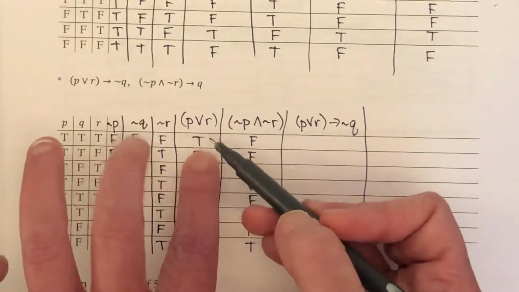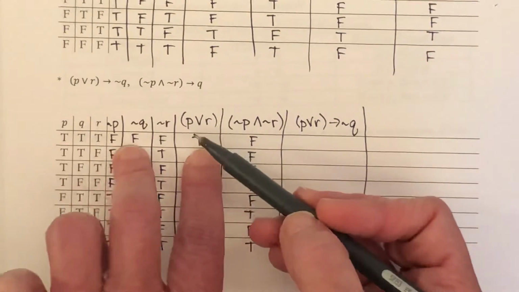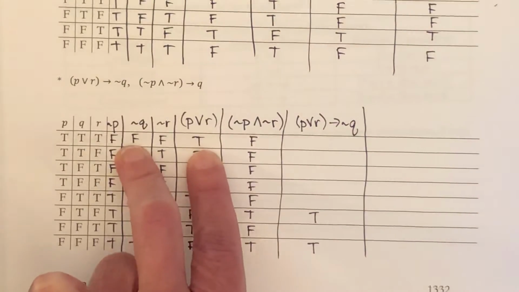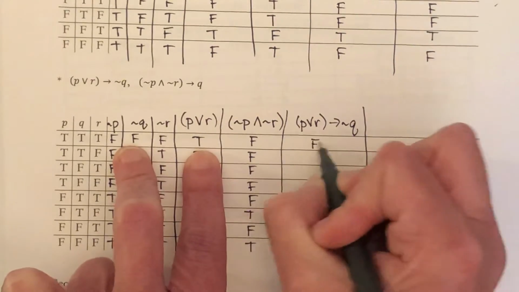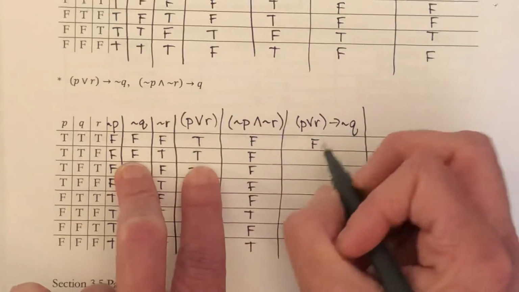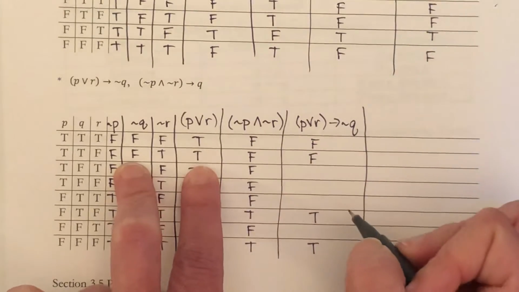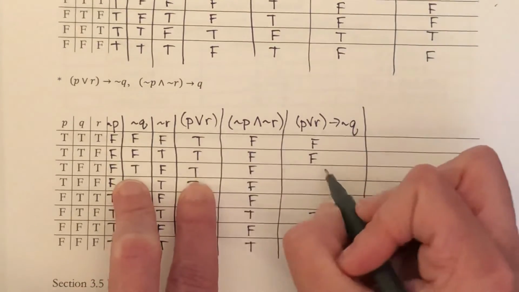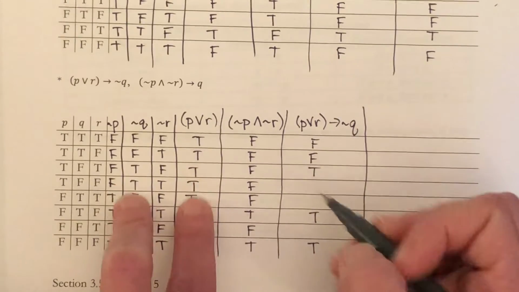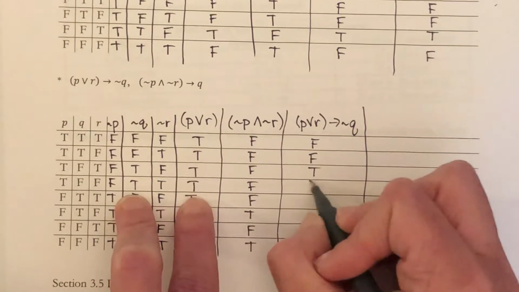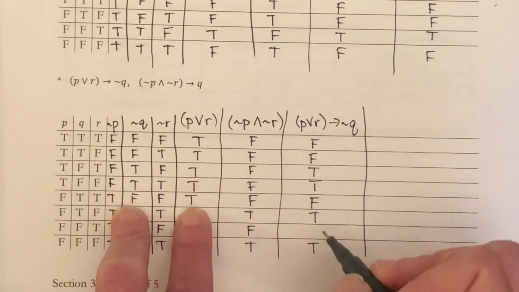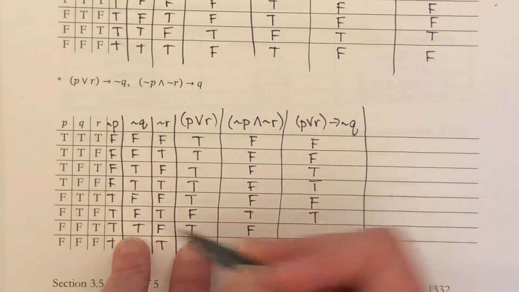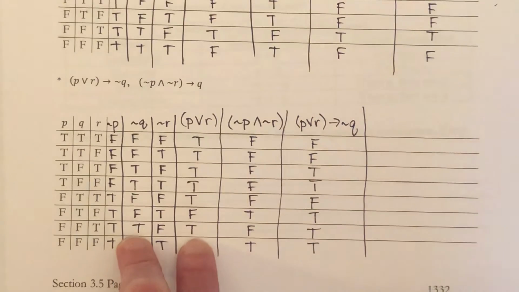And now if this, then this. So if true, then false, that is false. If true, then false is false. If true, then true, that's true. True and true, it's true as well. True, false, that's false. And then we've got that one done. True, true is true.